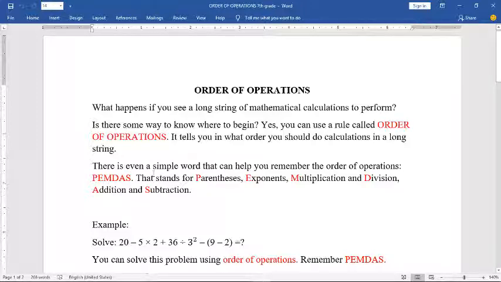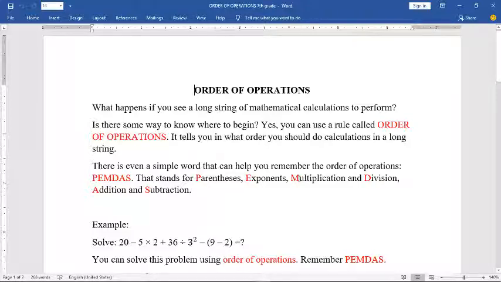There is even a simple word that can help you remember the order of operations, and this word is PEMDAS. What is PEMDAS? PEMDAS stands for parentheses, which is the P. The E stands for exponents, the second letter of our word PEMDAS.